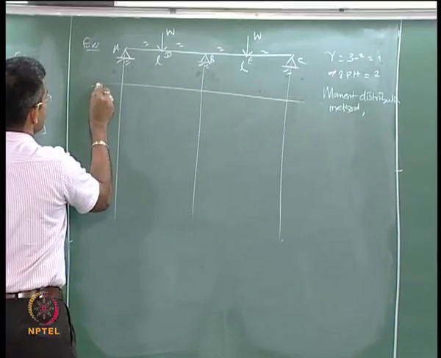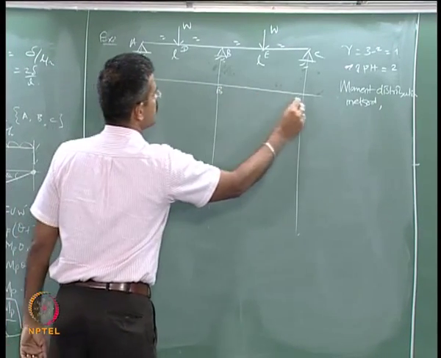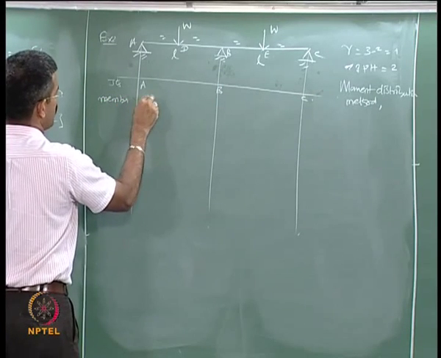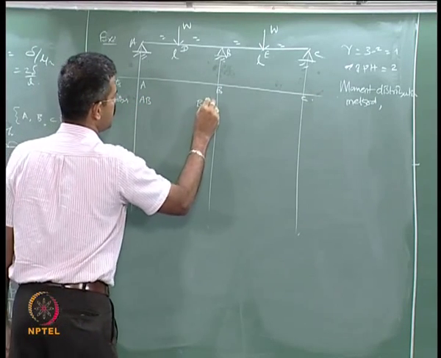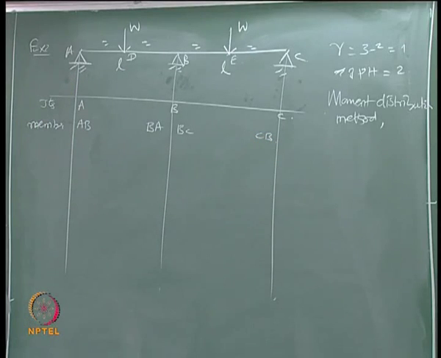These are the joints, which are A, B and C. These are the member designations. I call this AB, this is BA, this is BC and this is CB. I would like to write down the distribution factors.